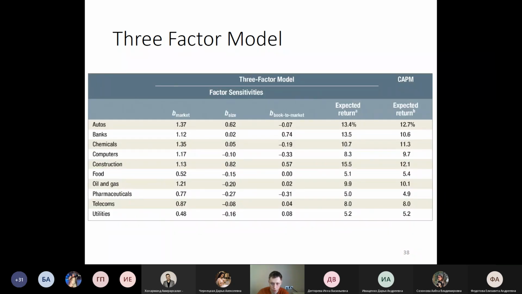So here are examples of estimating the return by the three-factor models.